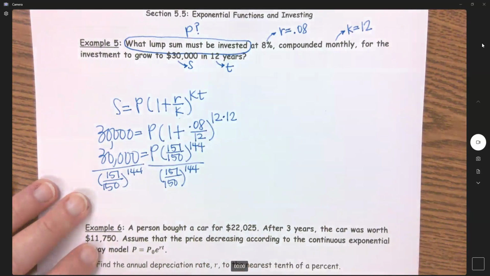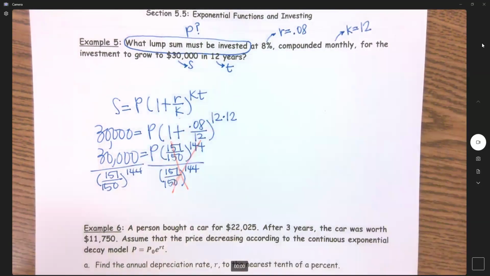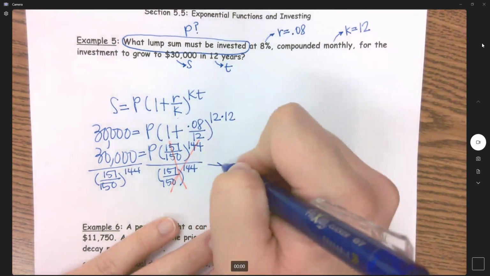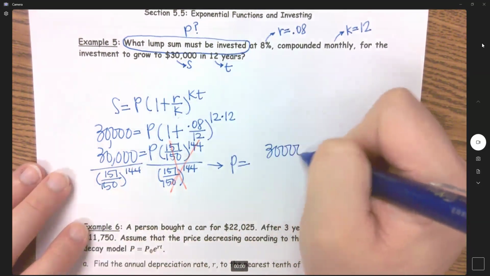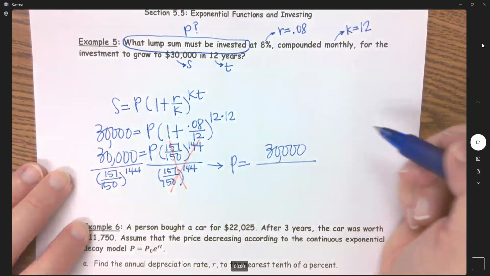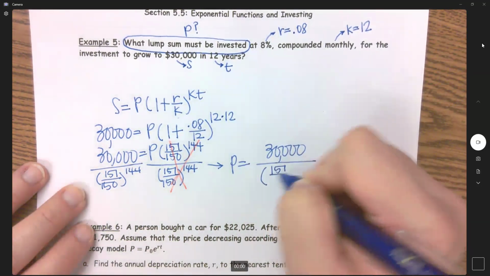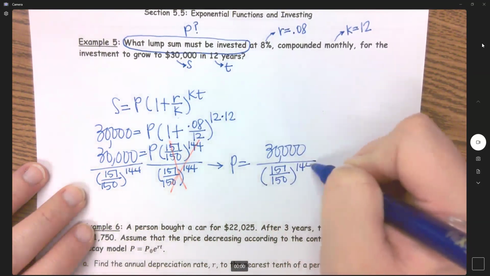Okay, leave the color here. This will cancel out now. And so now we have P equals 30,000 divided by 151 over 150 to the 144th power.